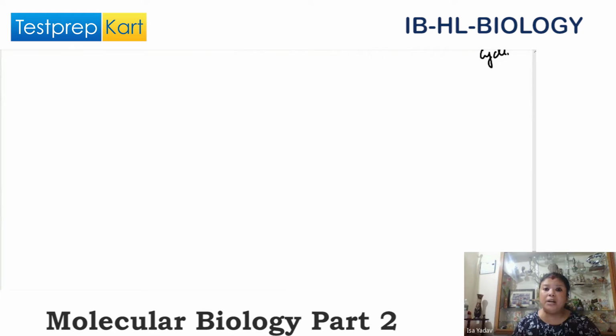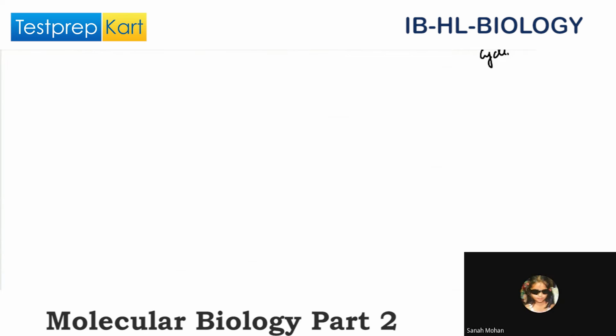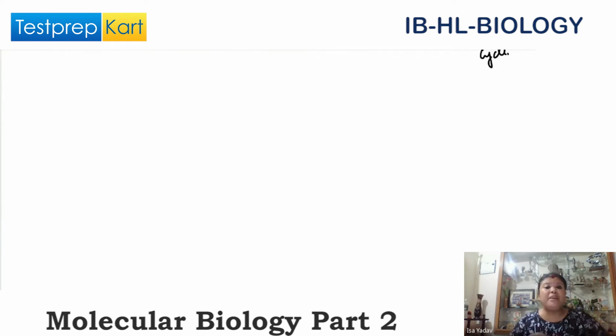Please remember, every step of every metabolic reaction is enzyme specific. It's not like the same enzyme will be used for so many metabolic steps. No, one enzyme for one step. It can be one enzyme for two steps also, but not more than that. So enzymes are very specific.